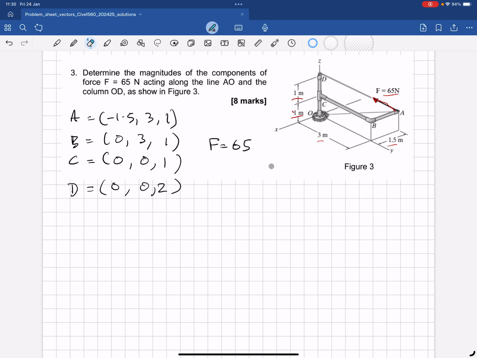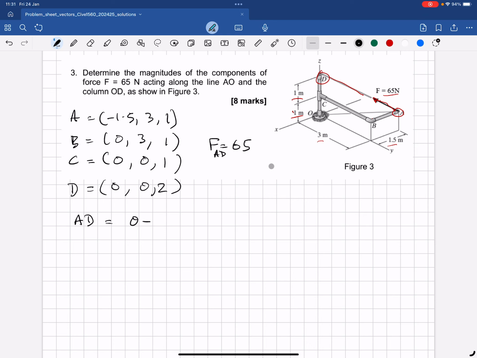This is along the line A to D. Remember, F is acting A to D along that line. So let's just write down the vector line AD, which is just A minus D. So, sorry, D minus A.